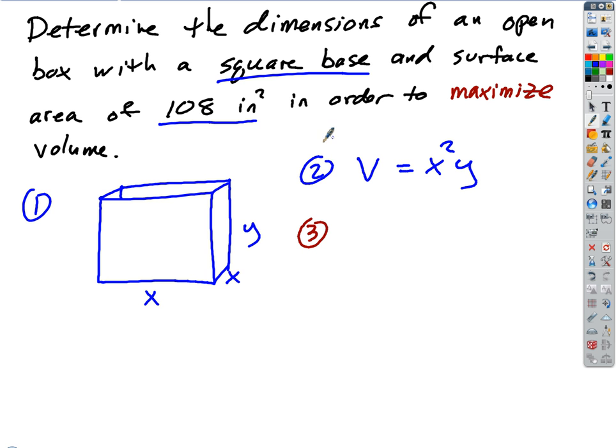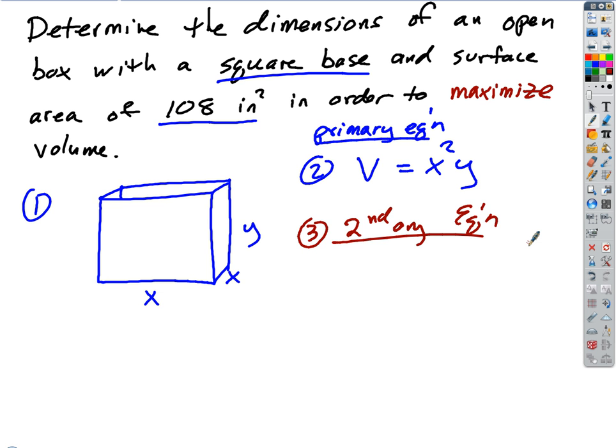This was our primary equation. And this is our secondary equation. A lot of times what people call this is the equation of constraint. And that's actually a really good way to describe it, because it always has to do with the limits or the constraints that are being imposed on the situation.